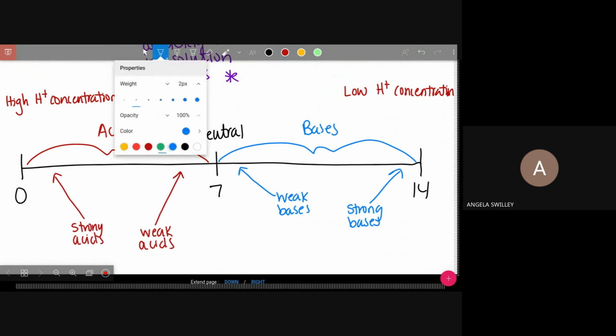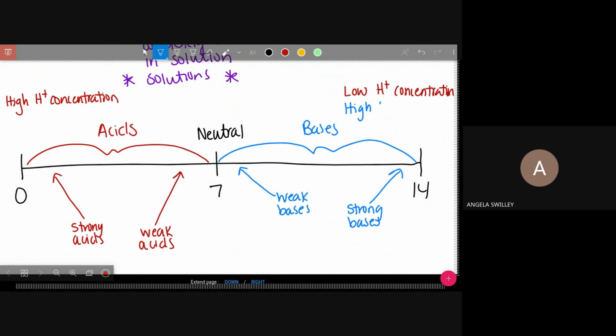Now, what about hydroxide ions? Where will we find a lot of those? In the bases. So high hydroxide ion concentration or amounts. You can put amounts if you'd rather that instead of concentration. And over here, low hydroxide ion concentration.